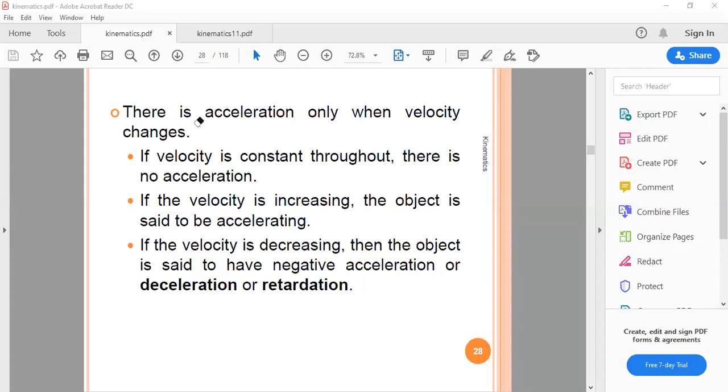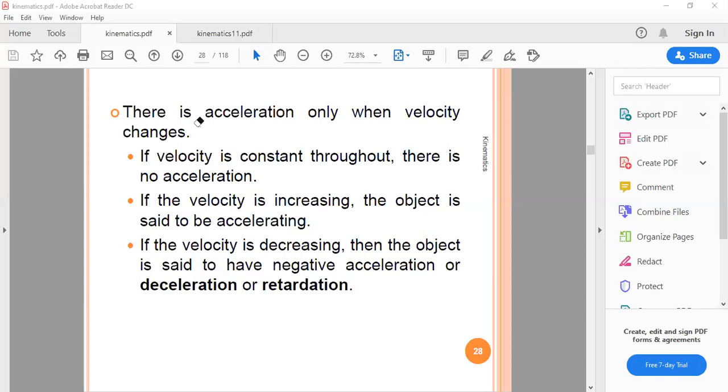Point number two: if the car's velocity is increasing, the object is said to be accelerated. It would be positive. Like from 5 meters per second, you apply the accelerator on your car, so the speed increases over time. That's known as acceleration.